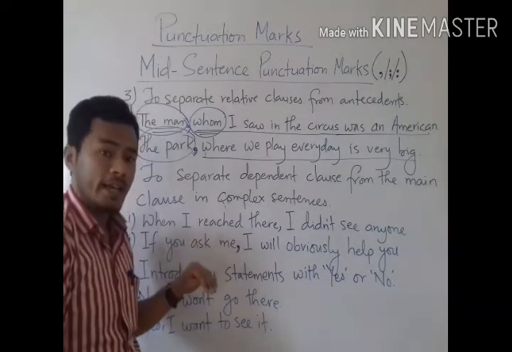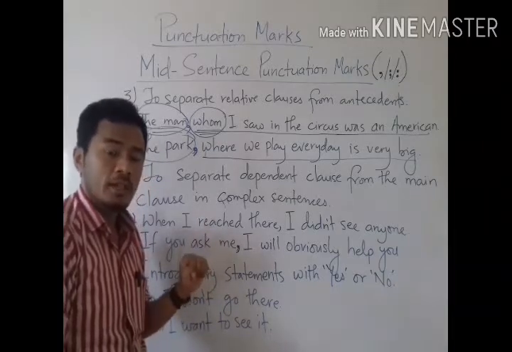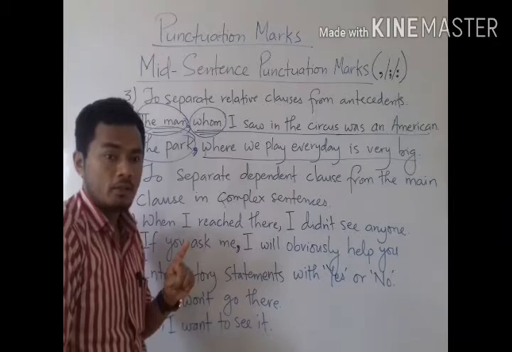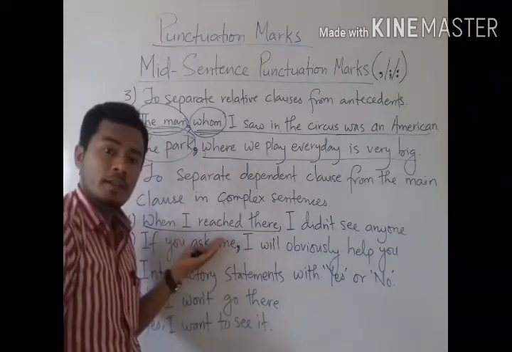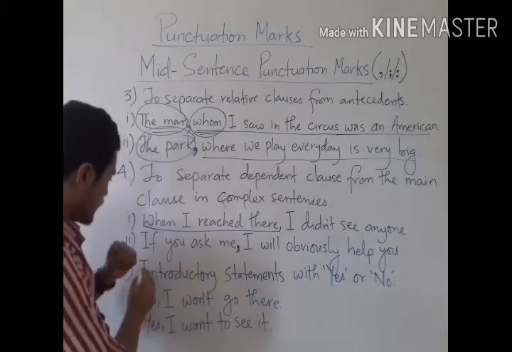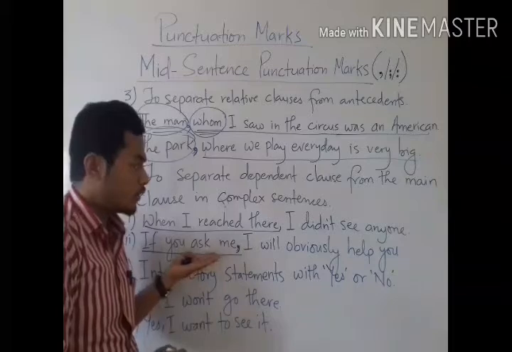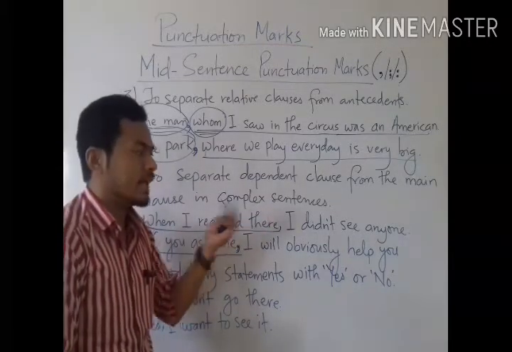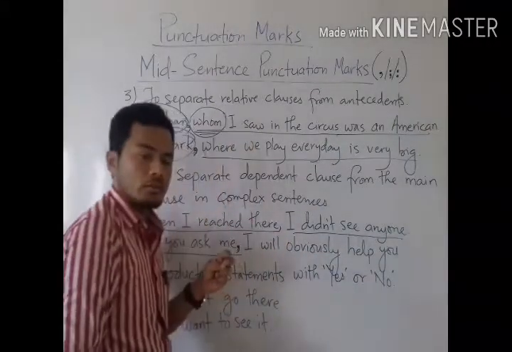Okay, so if I write a dependent clause at the beginning of the sentence, then I have to separate that dependent clause by using a comma. Like here, when I reach there, this is also a dependent clause, and if you ask me, this is also a dependent clause. See, when I reach there, I didn't see anyone. I didn't see anyone is an independent clause.